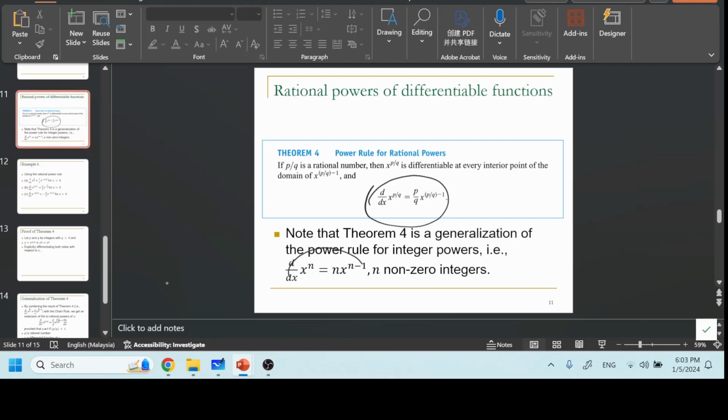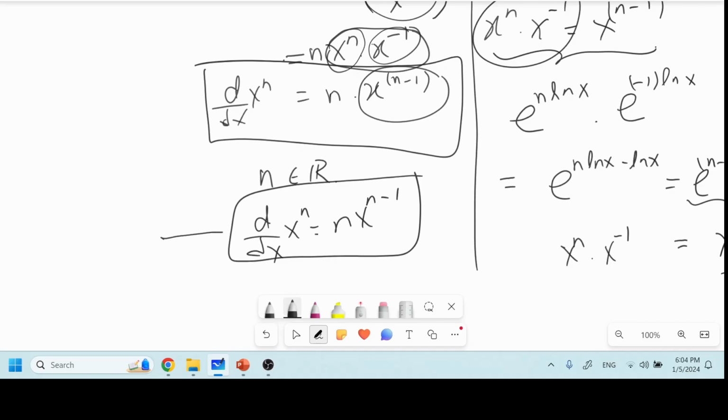However, the formula that we encountered in chapter 3.6 only applies to n equals p over q, the ratio of two integers, which is simply a fractional number, or simply a number that is not irrational. However, the result that we have proven here applies to any values of n, including n that is irrational.